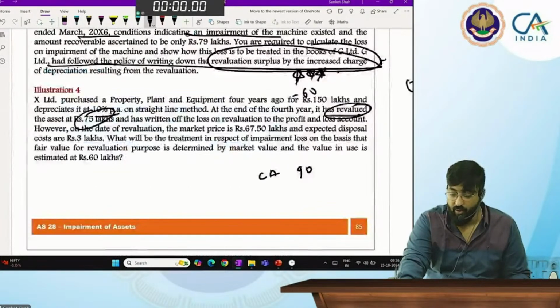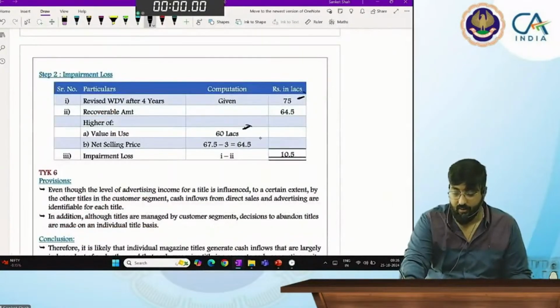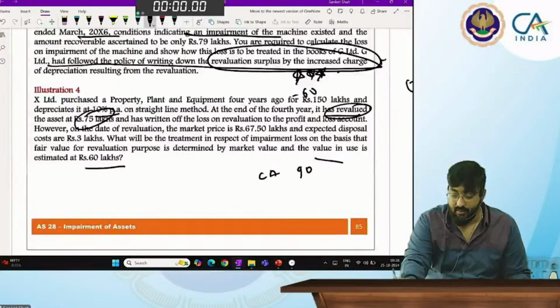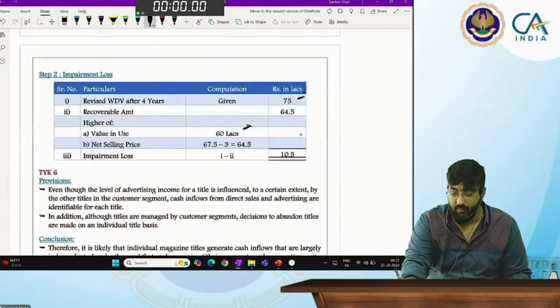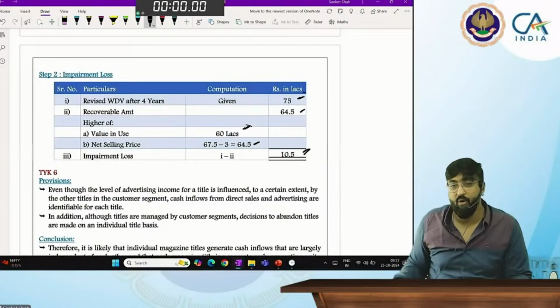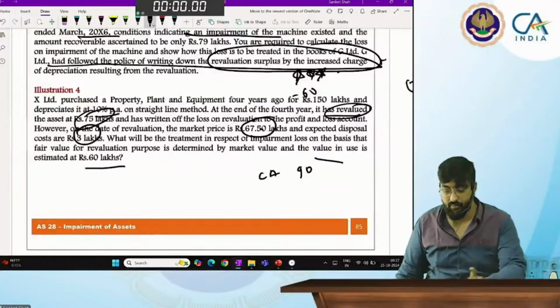What is the value in use given in the question? 60, and net selling price is 67.5 minus cost of disposal 3, meaning 64.5, whichever is higher, and therefore the impairment loss is 10.5 after revaluation. Means again P&L gets debited, but one through revaluation and one through impairment loss. Got the concept? Yes, sir.